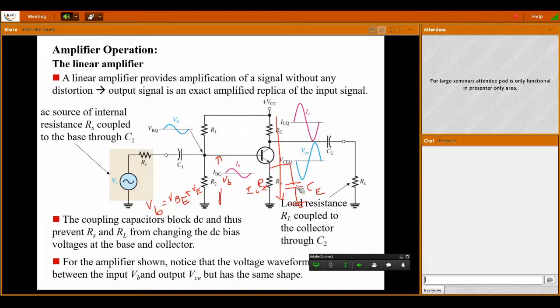So when you have a small resistance path, the current chooses the low resistance path. Instead of transferring through RE, it will bypass through the capacitor CE. So with that, the increase in the voltage drop across RE can be reduced.